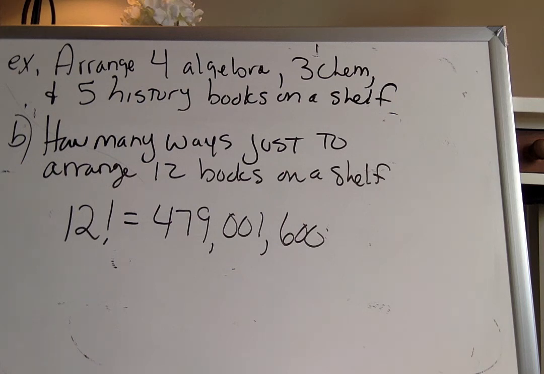Yes, that is correct. That blows my mind. So again, if you can get your kids to experience it, not that they can wrap their minds around 500 million any better than I can, but it is fun to see how big numbers can get. 12 books is not that much.